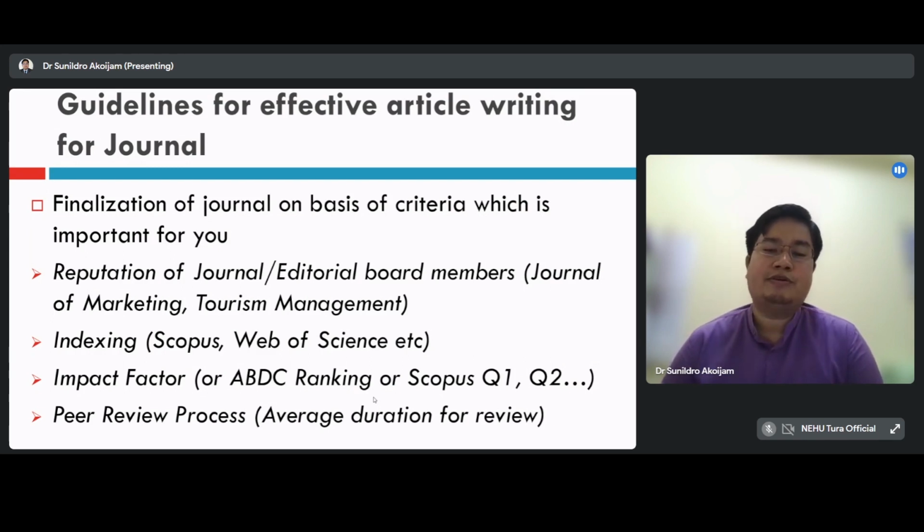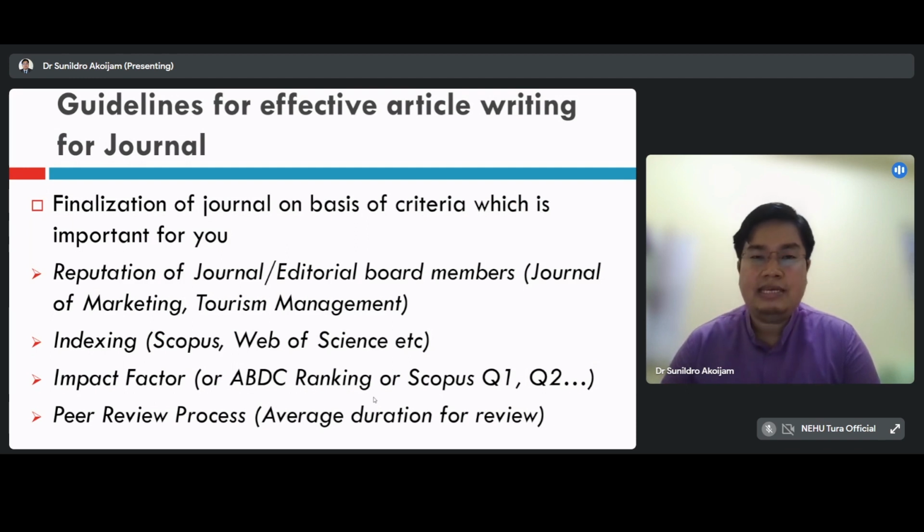And then the peer review process. Many times, depending upon your requirement, you can also see the peer review process, I mean, how much time a journal normally takes on average. When you visit any one of the reputed journals published by a reputed publisher, they will normally mention the average time taken for the first decision, second decision, and then till publication, and once accepted, how much time it takes for publication.